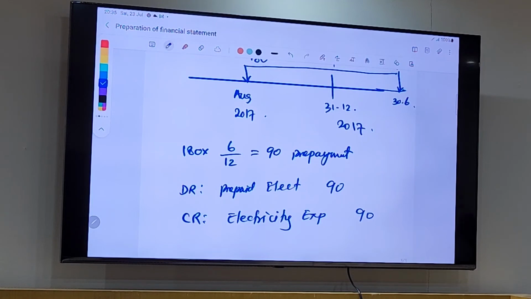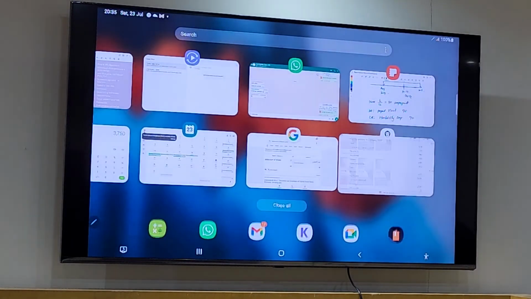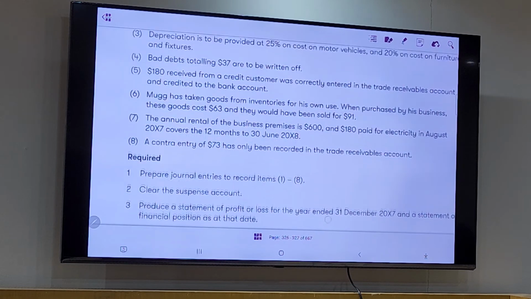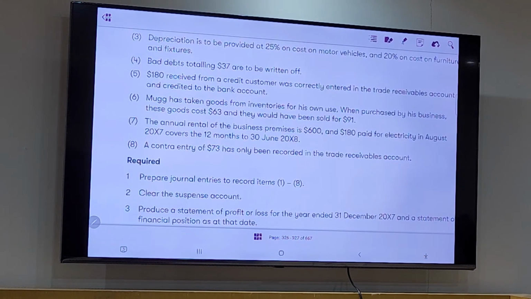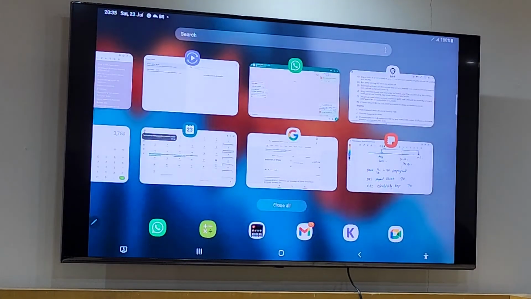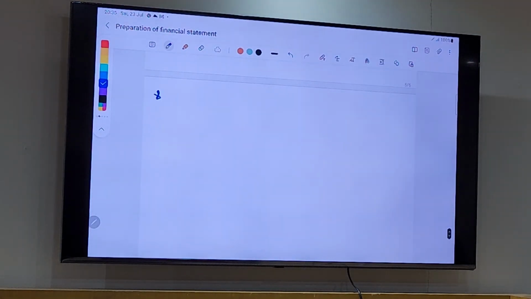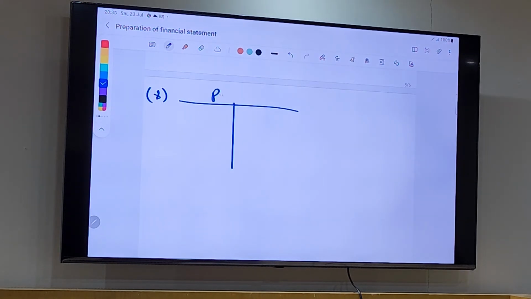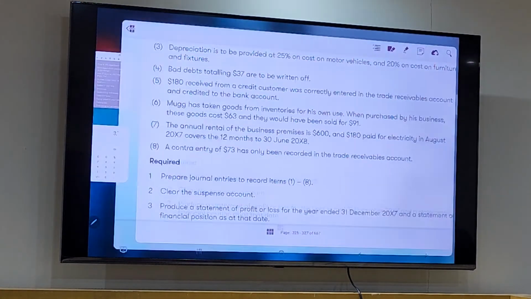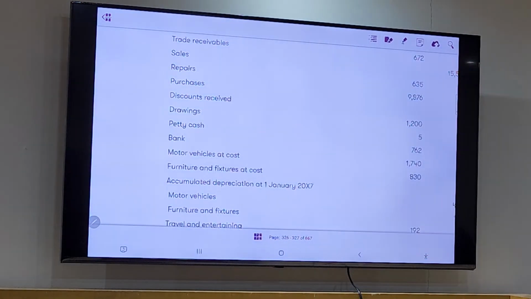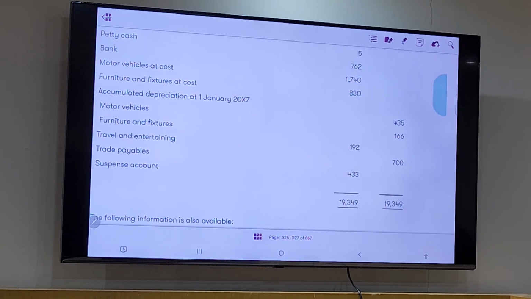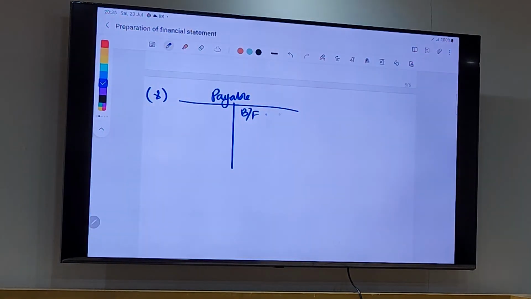Okay? Now the last adjustment, a contra entry of 73 has only been recorded in the trade receivables account. So what you do now, adjustment number 8, we need to have payable. What was the brought forward payable, please? $700.